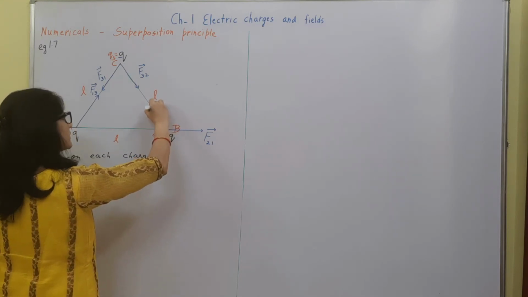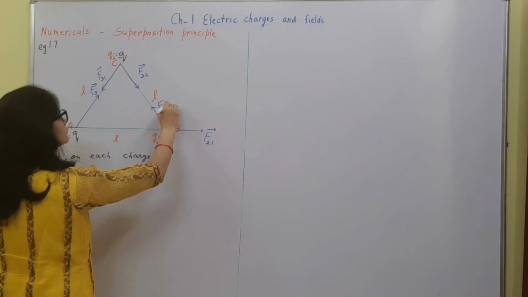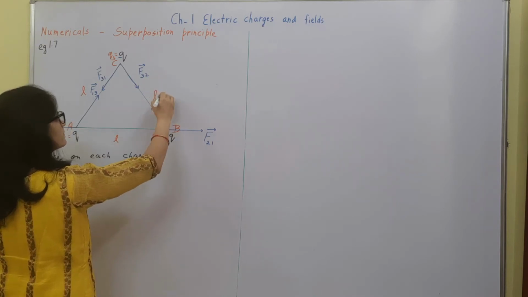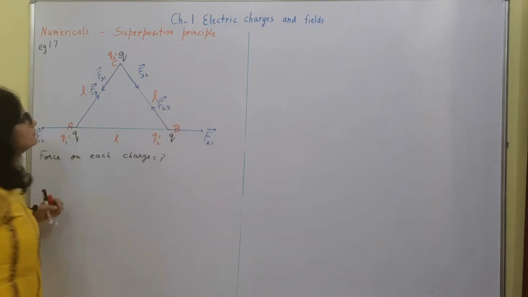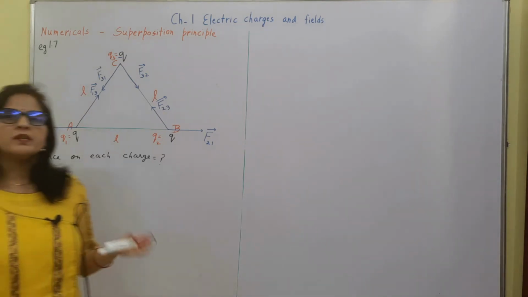So this will be the force on 2 due to 3. Right? So we have marked the directions of the forces on each charge due to the remaining two charges.